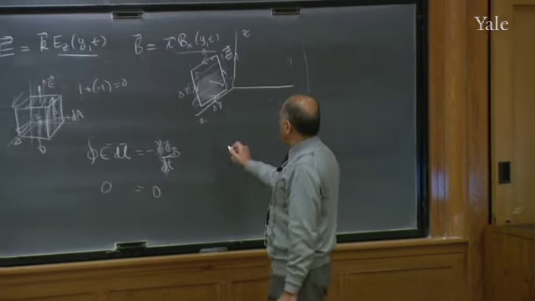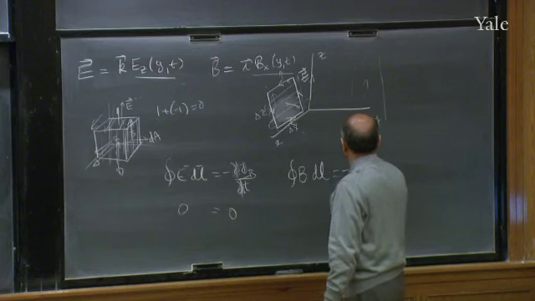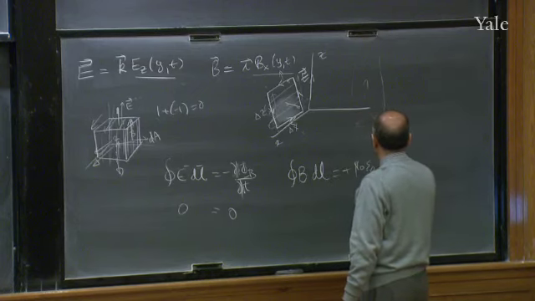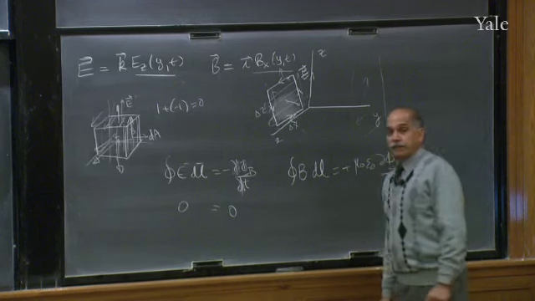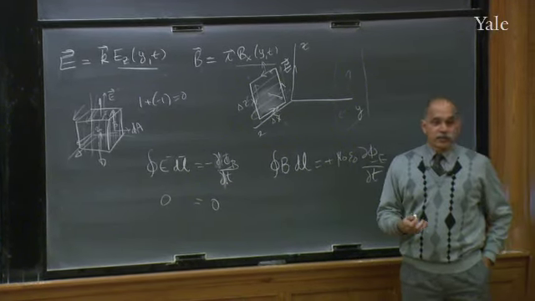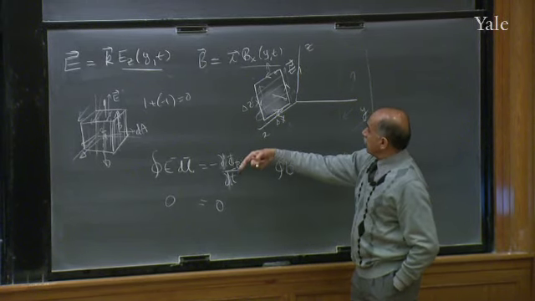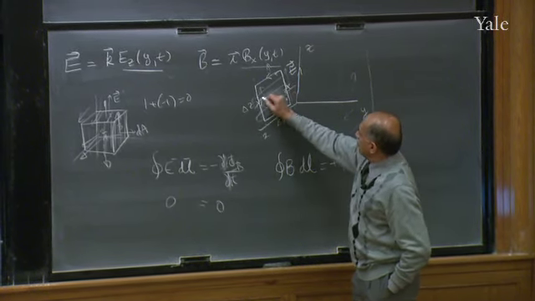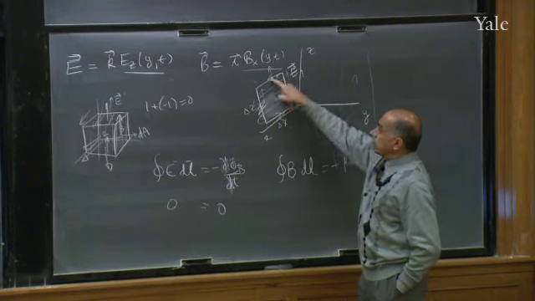Now, if you take the line integral of B dot dl, that's supposed to be plus mu 0 epsilon 0 d phi dt of the electric flux. Again, you should try to do the exercise with me. Magnetic field, I said, is going in the x direction. So it has nothing to do with those two edges because they are perpendicular to it, but it cancels between these two.